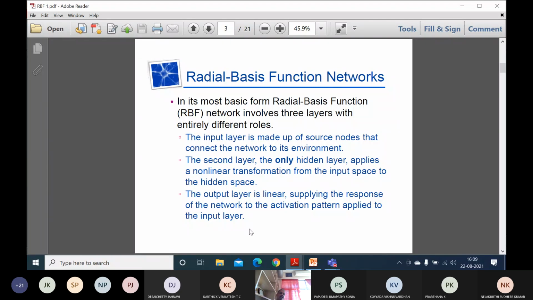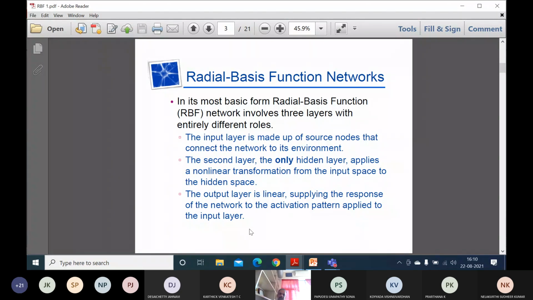But in the case of back propagation or multi-layer perceptron, you also have hidden layers available. The difference between the hidden layer in other neural network architectures and in the RBF network architecture is slightly variable.